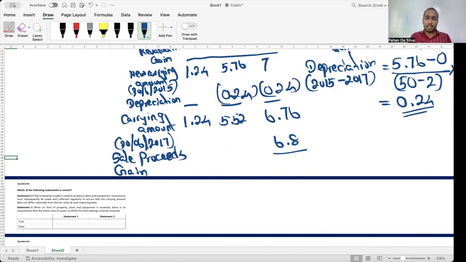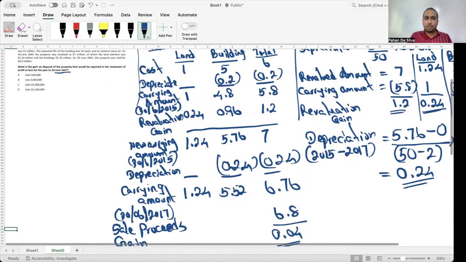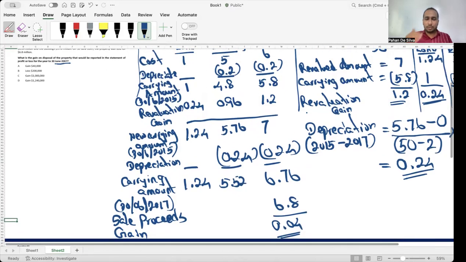So, what is the difference? 6.8 minus 6.76. So, the answer is $0.04 million, right?